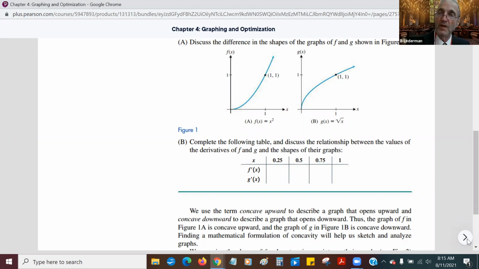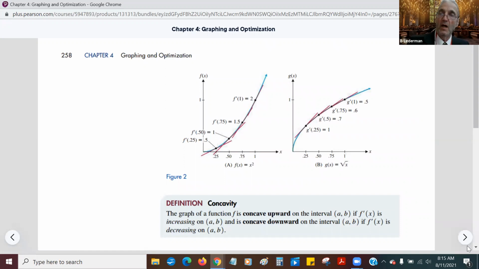Anyway, moving on. Again, notice that here the tangents are beneath the curve. Here, the tangents are above the curve, and you see how the slopes of the tangents are growing. That has a slope of 0.5, a slope of 1, a slope of 1.5, a slope of 2, and here is a slope of 0.25, 0.5, 0.75, 1.